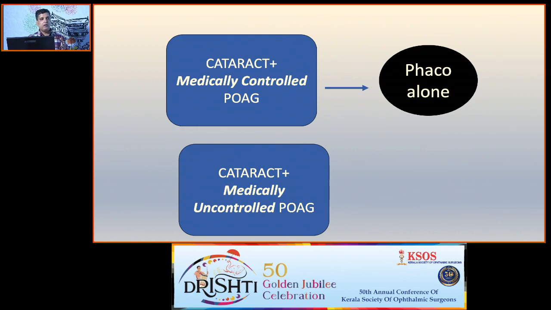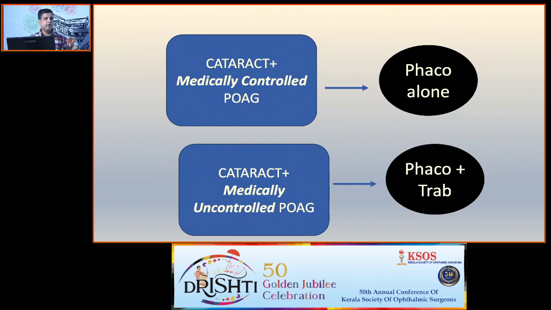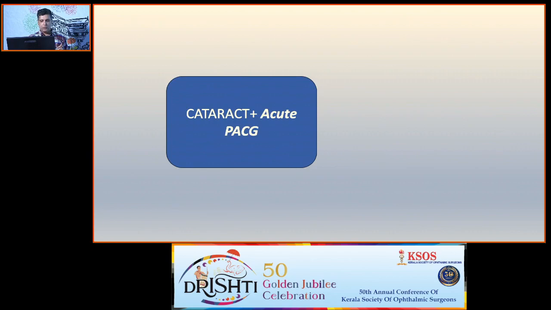And of course, if the delta between the current pressure and the target pressure is very high, you will have to use a trab, or you might consider angle procedures if the delta is actually low. But generally, you will have to add on an IOP lowering procedure if you are dealing with a medically uncontrolled POAG.